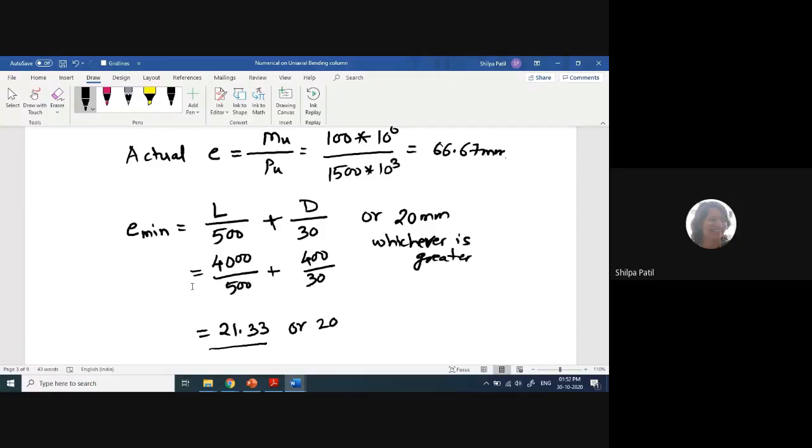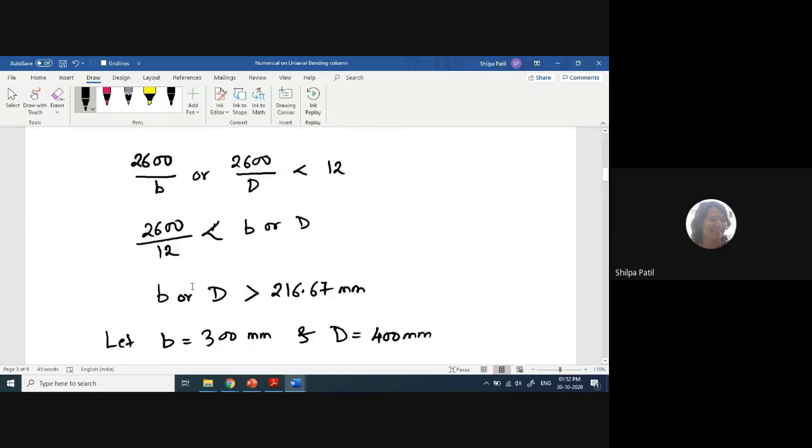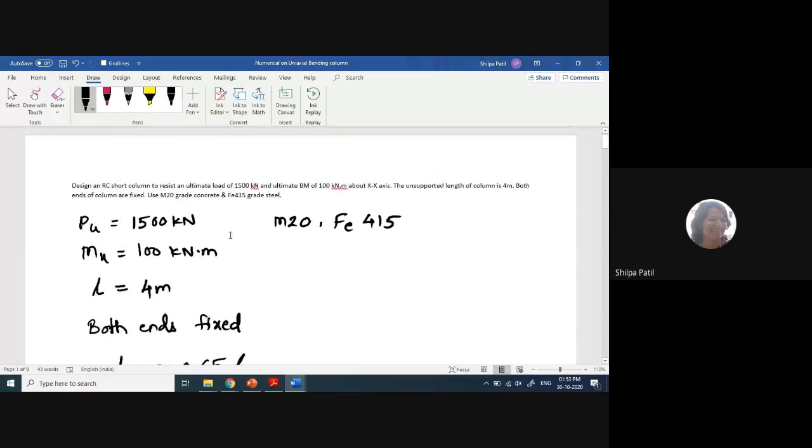Fine. But here the moment is given about the x-axis only. We should not consider the second eccentricity. The bending moment is given about one axis only. What is the problem statement? I have written here: design the RC short column to resist ultimate bending moment about the x-axis only. About the y-axis, the moment is not given. It means it is a uniaxial bending.